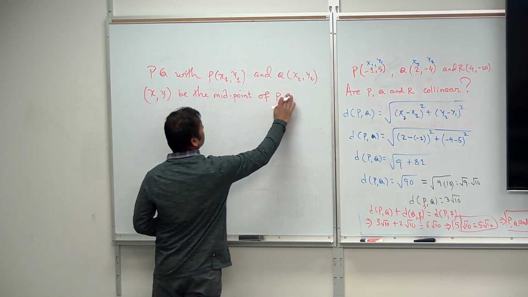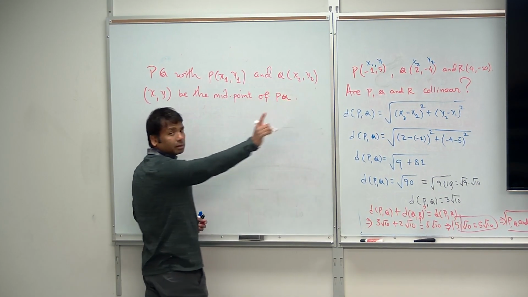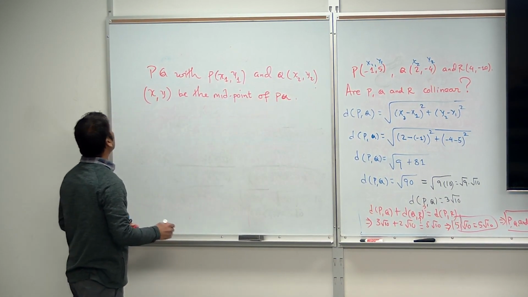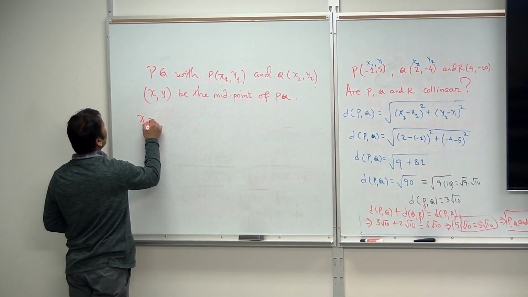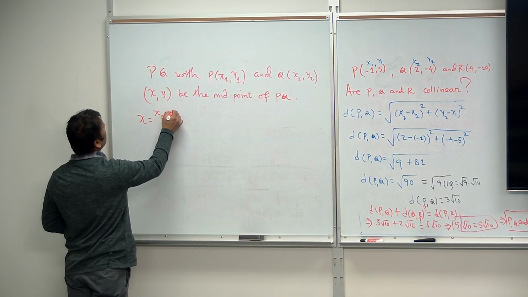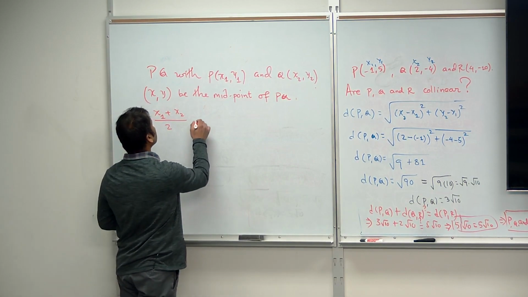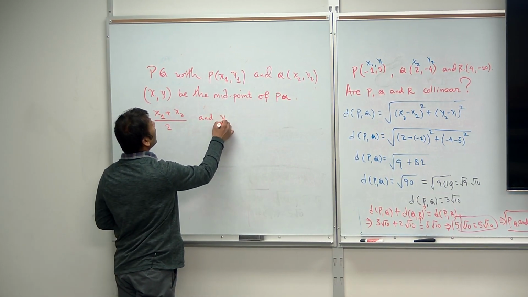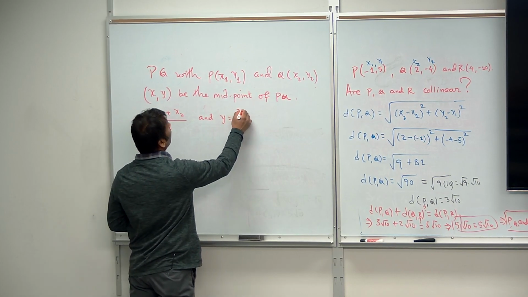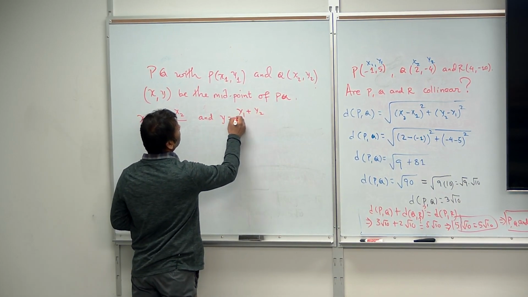This is my Q. Okay? So the coordinate of the point x is x1 plus x2 over 2, and the coordinate of the point y is y1 plus y2 over 2.